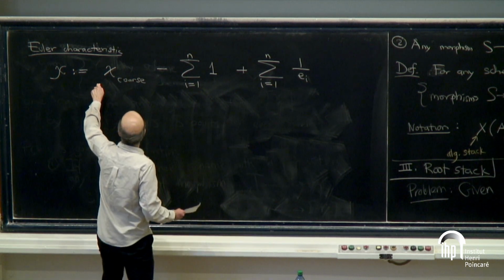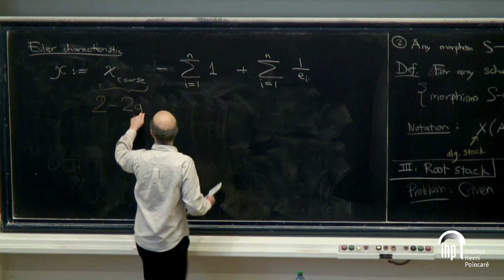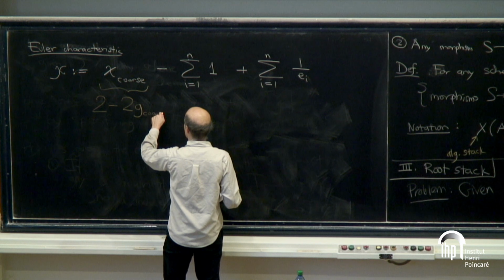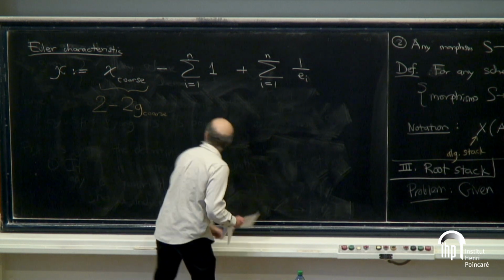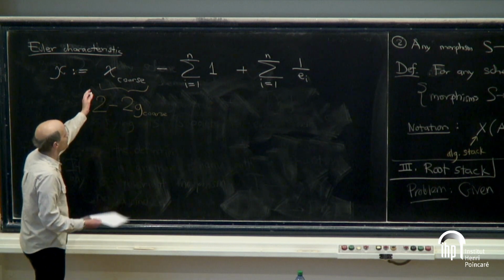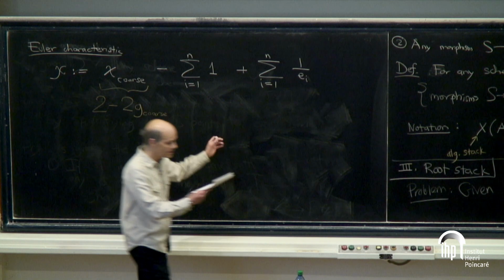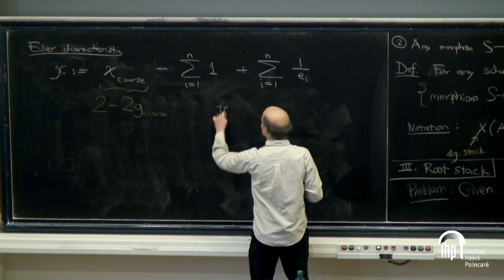This of course is the Euler characteristic. This is just 2 minus 2 times the genus of the scheme that you started with. So okay, so there's some definition. There are other motivations for this definition. You can also say this is what you need if you want the following formula to be true.